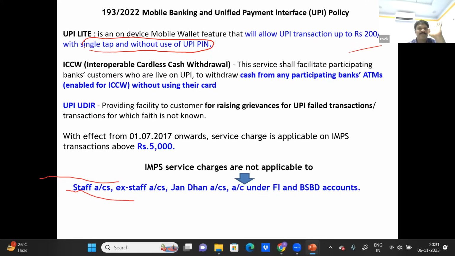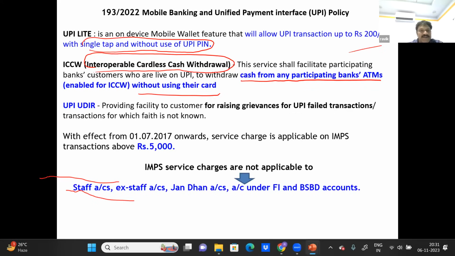That is UPI Lite. Then ICCW, interoperable cardless cash withdrawal. Full forms are also important. What is this facility? This facilitates participating bank customers who are live in UPI to withdraw cash from any participating bank's ATM without using the card. Without using the card, you can go to another bank's ATM and use this facility.